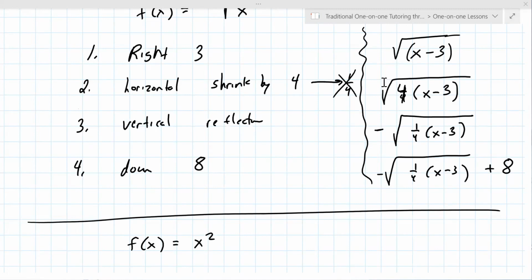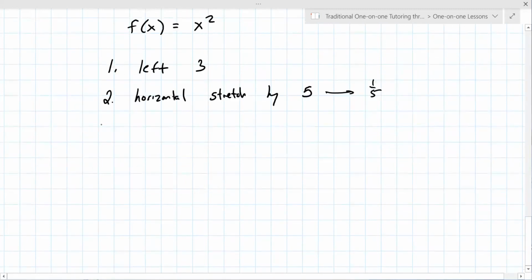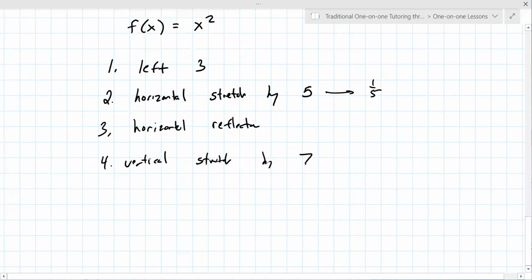Okay, so let's go back to this one. And let's do a horizontal reflection. Let's do a vertical stretch by 7.